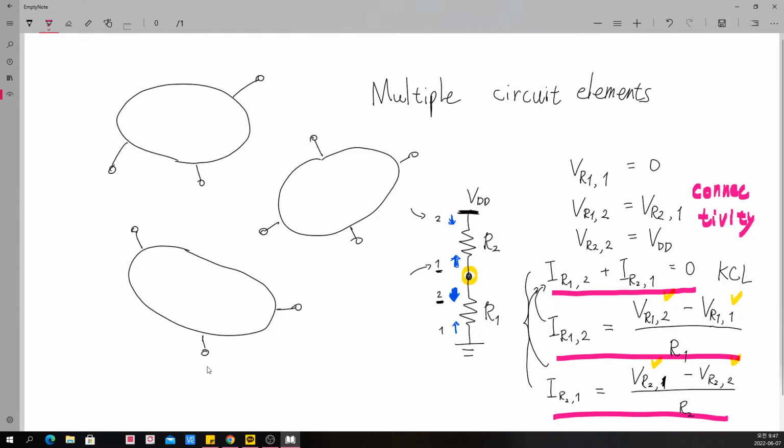For example, let's just connect it to ground and also apply a certain voltage, and another voltage here, and they can have connectivity this way, and that way, also another way, even in this way, for example.